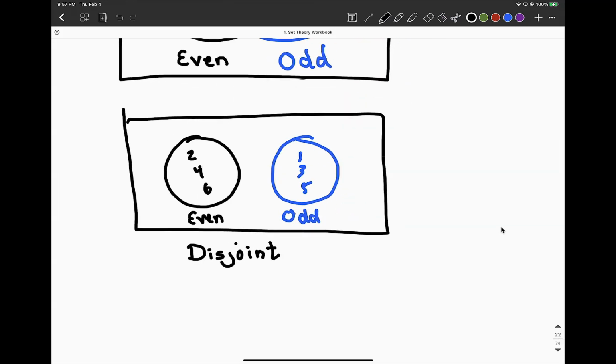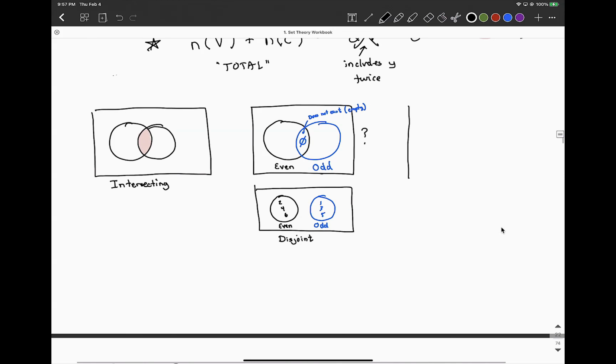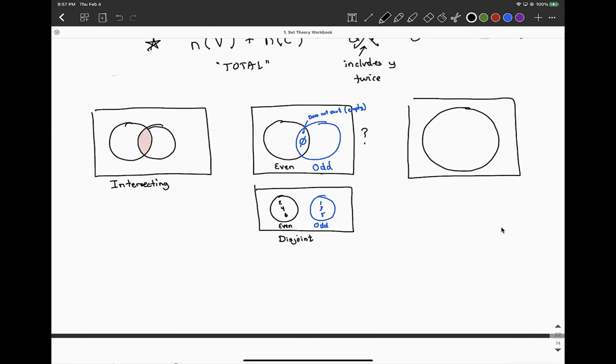There's no commonality. We call them disjoint, and their diagram would look like that. And going even further, we get into situations where you might have a large group, and within it, completely within it, not just intersecting, but completely within it, you have a smaller group within a group.